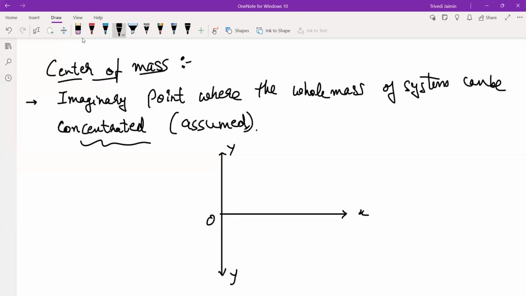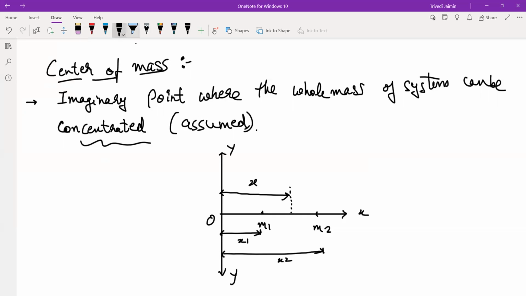This is the center O. Now two masses, M1, M2. This is the distance X, X1, X2. Now what are these?